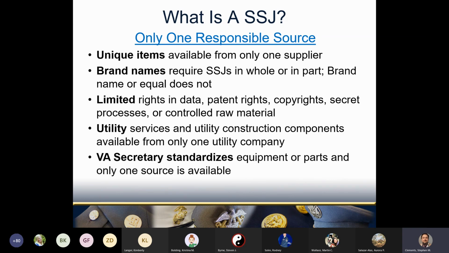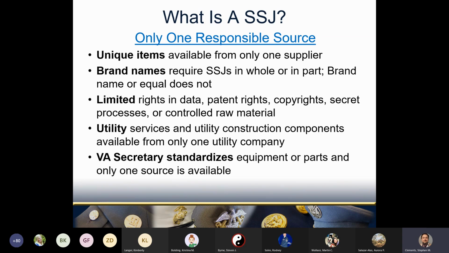Closely related to that example is the issue of brand names and trying to sole source on account of that. Brand names are harder to justify than unique items because you really have to do your homework, proving that no other brand will do what you require. If you need brand name items as only part of the requirement, you're still going to need to write a justification for that part.